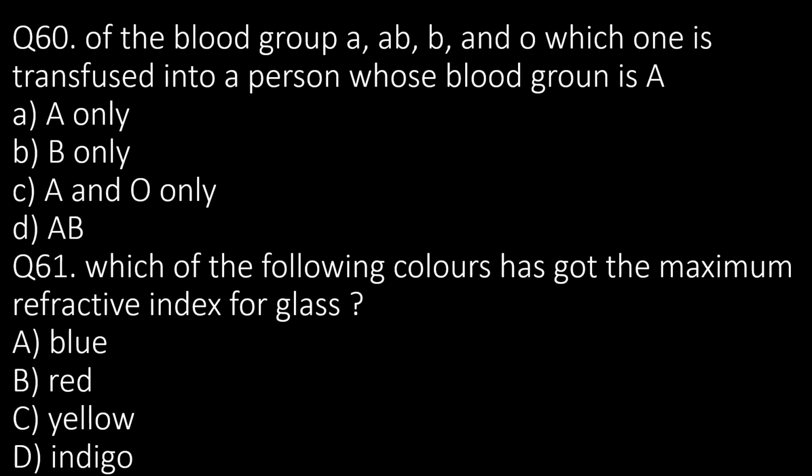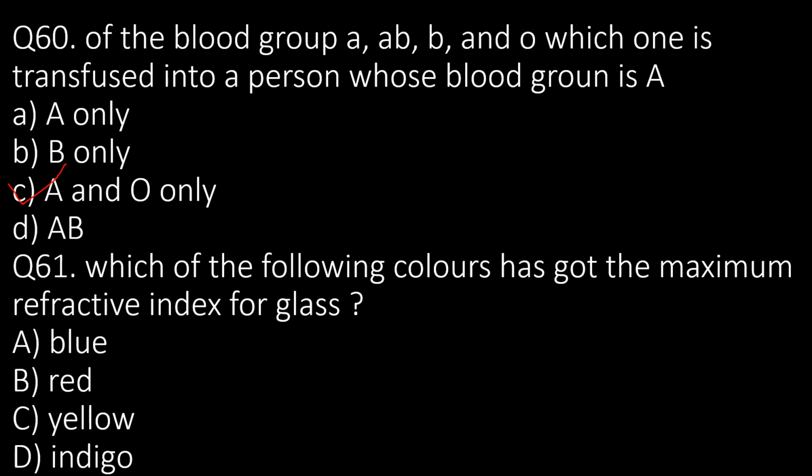Our next question is, of the following blood groups A, AB, B, and O, which one is transfused into a person whose blood group is A? And the right answer is option C, A and O only. Our next question is, which of the following colors has the maximum refractive index for glass?